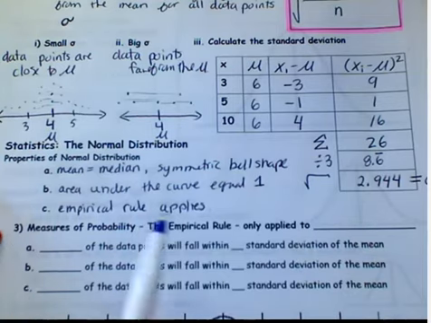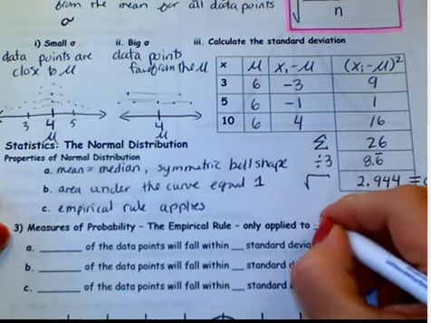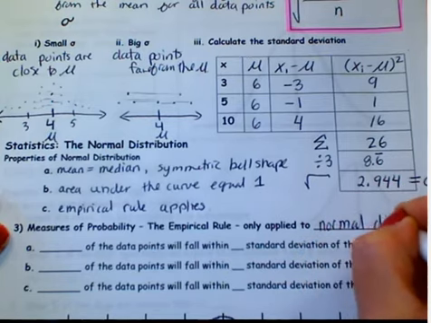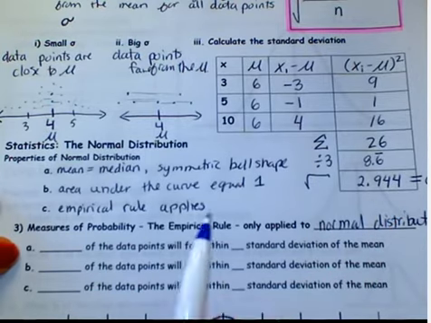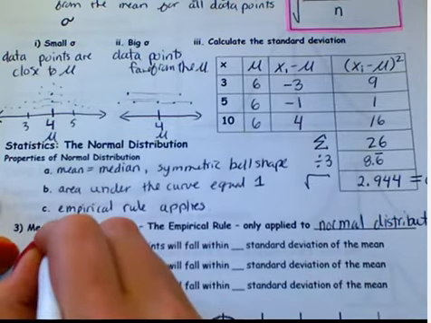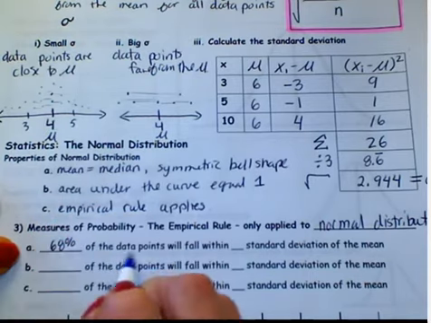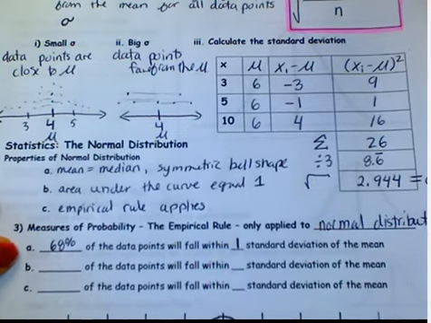So let's go ahead and look at how the empirical rule applies to the normal distribution. This is how we're going to measure probability. The empirical rule states that 68% of the data points will fall within 1 standard deviation.